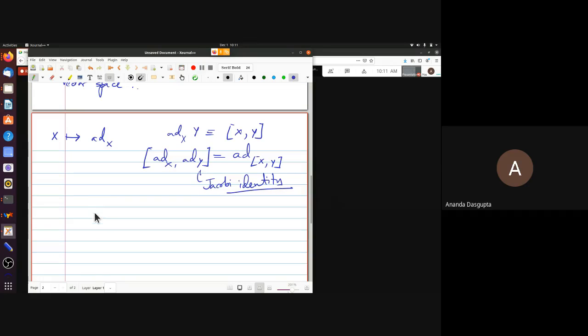So, what you have is a scenario like this. You can talk of ad x acting on y, where y are the Lie algebra elements themselves, and this is the adjoint representation, where we have operators which act on the Lie algebra elements themselves.